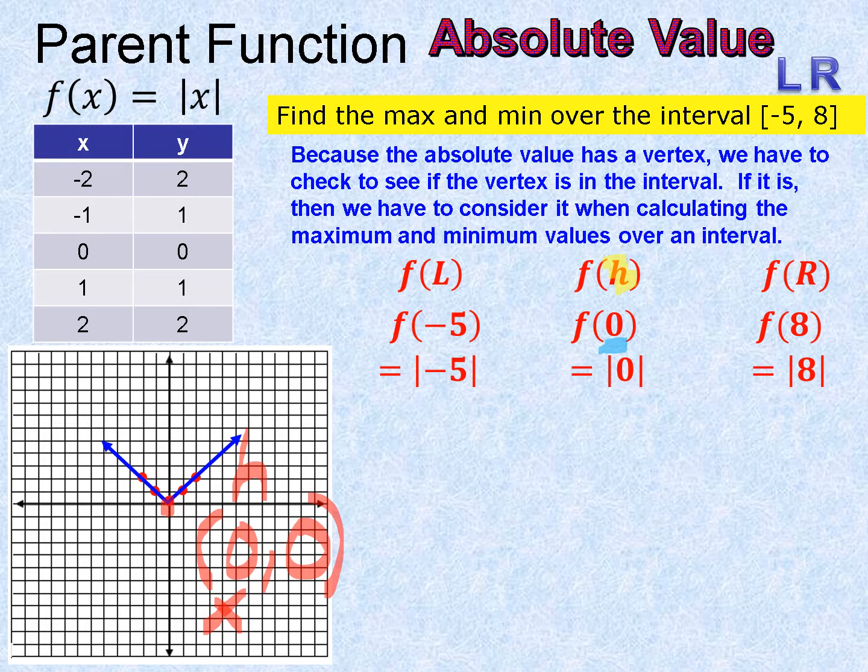Well, the absolute value of -5 is 5, the absolute value of 0 is 0, and the absolute value of 8 is 8. So after evaluating these three values in the given function, I come up with 5, 0, and 8. Now remember, your minimum is the smallest answer or the smallest y value, and your maximum is the biggest answer or the biggest y value.